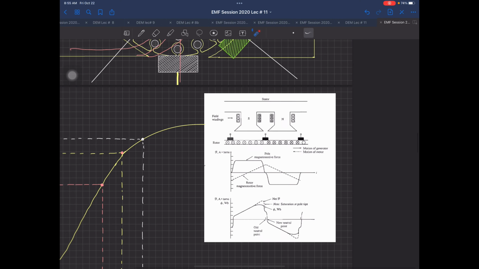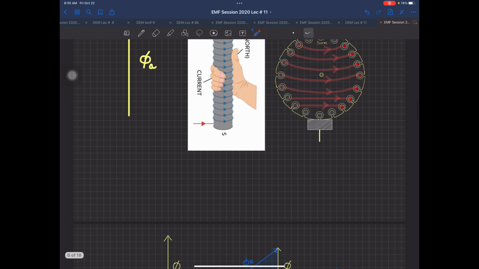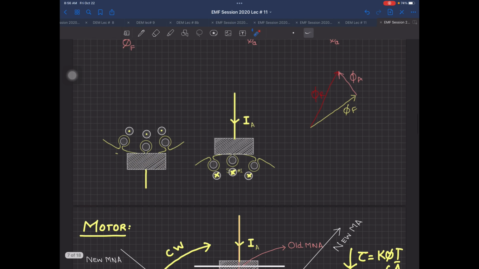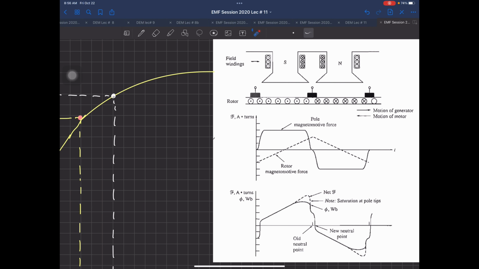Same thing in the diagram I showed you at the very start: here maximum because they are close, then a little less, a little less, and then again increasing and larger. So this diagram is the rotor MMF, which goes to 0 at one point and then goes negative. Similarly from here to here.